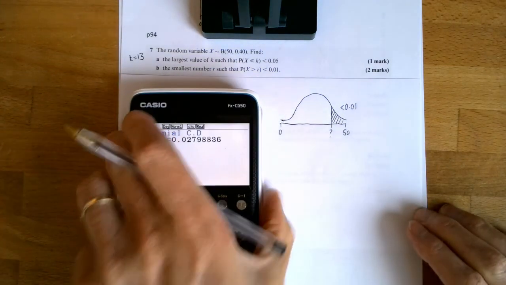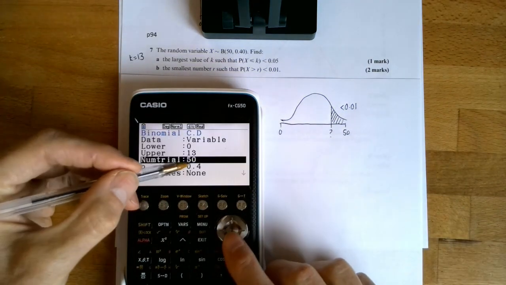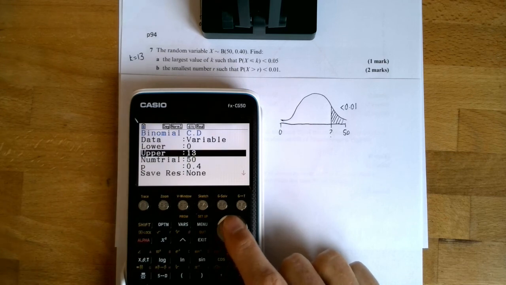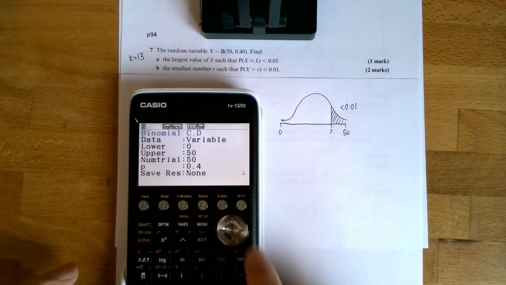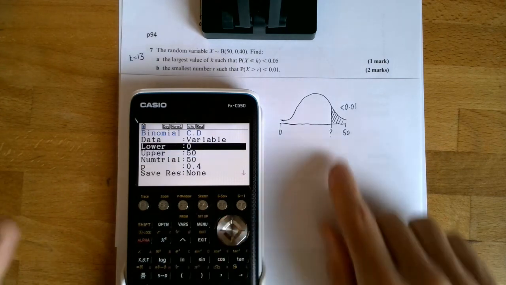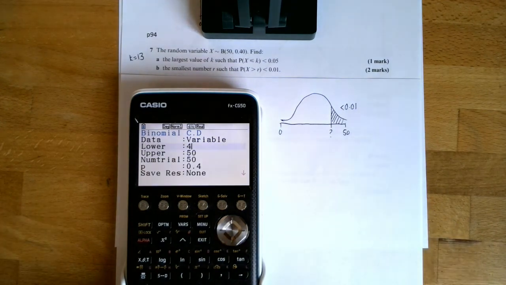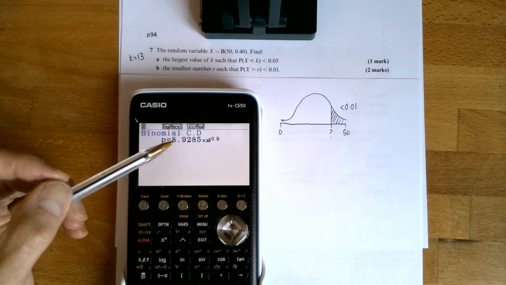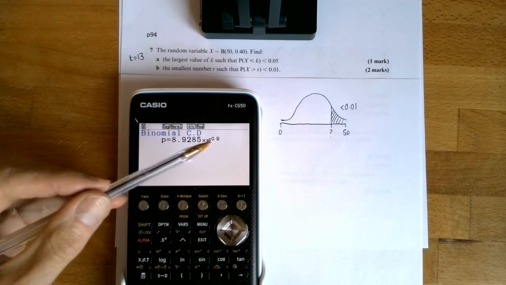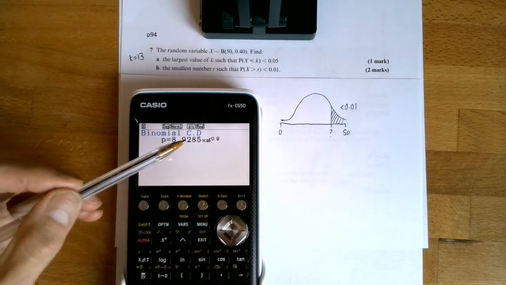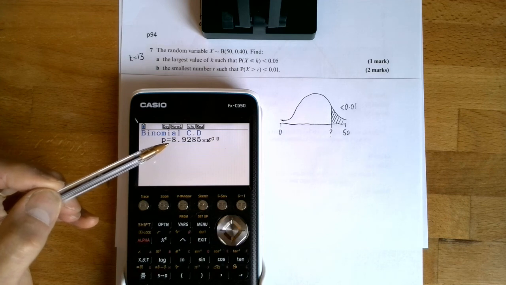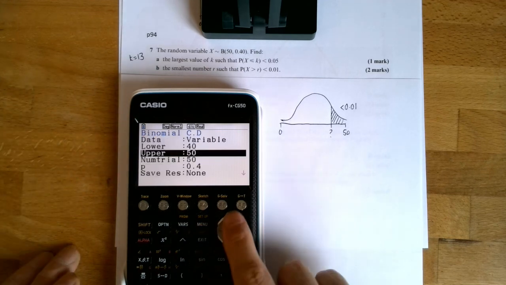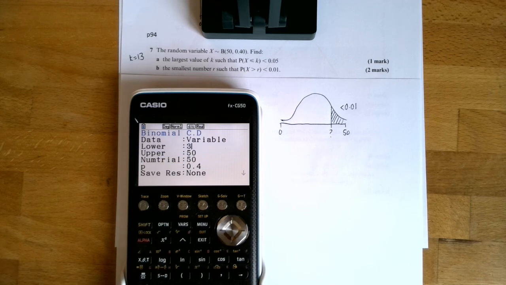So here we go. Same thing here, but now I'm fixing the upper at 50 and I'm changing the lower. So let's start with 40. That would be a good one to start with. Right. Tiny, absolutely tiny. Can you see how that's 0.80 is an 8? Okay, so I went too big. So let's go back to 30.